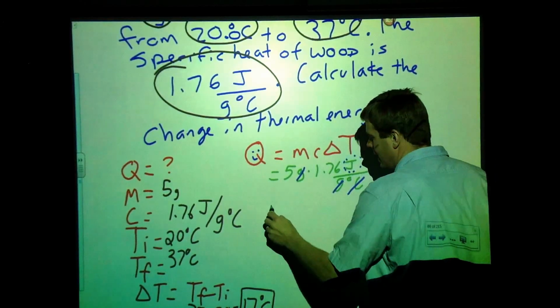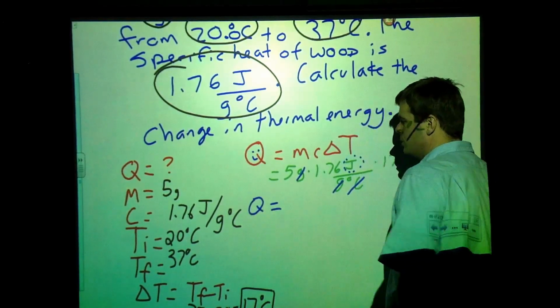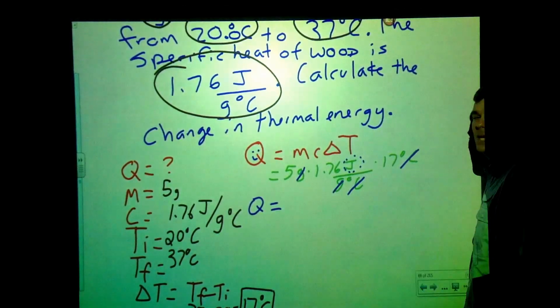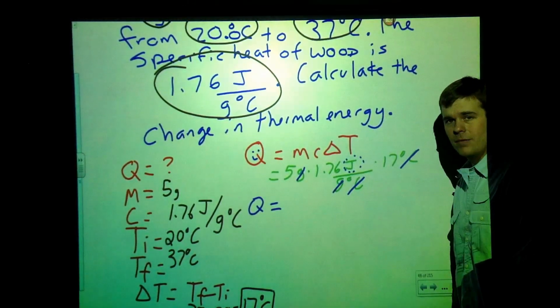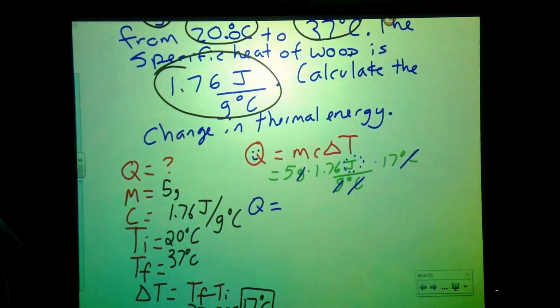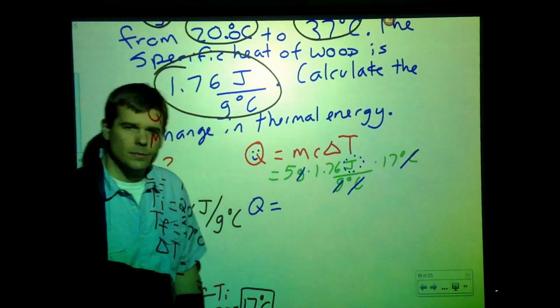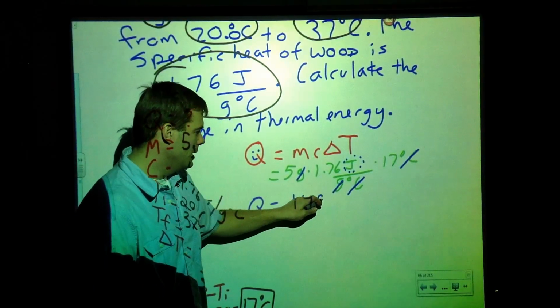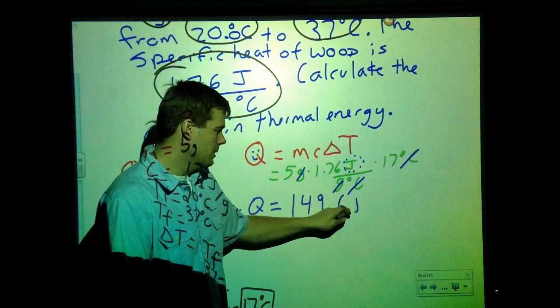I've set it up right. I know that my change in thermal energy would be equal to 5 times 1.76 times 17. And if you do the math, I'll give you a second. Seconds up, you should end up with 149.6 joules.